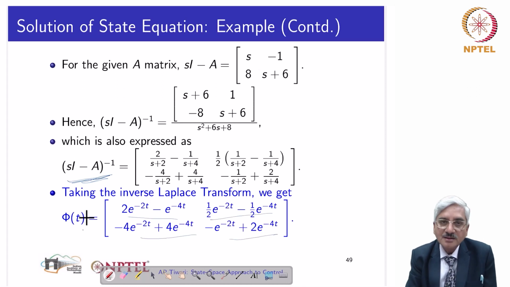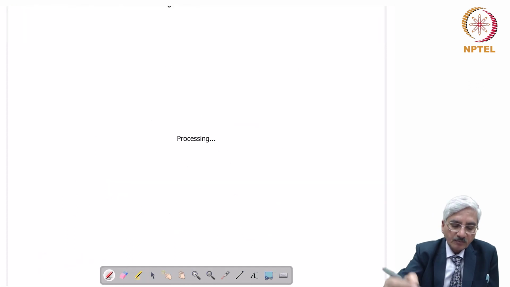Each term in phi t is a combination of e power minus 2t and e power minus 4t, which are the eigenvalues lambda equal to minus 2 and lambda equal to minus 4. The two eigenvalues give these two modes, which we are considering in that method of solution using the modes. So phi t is obtained as this, the 2 by 2 matrix.